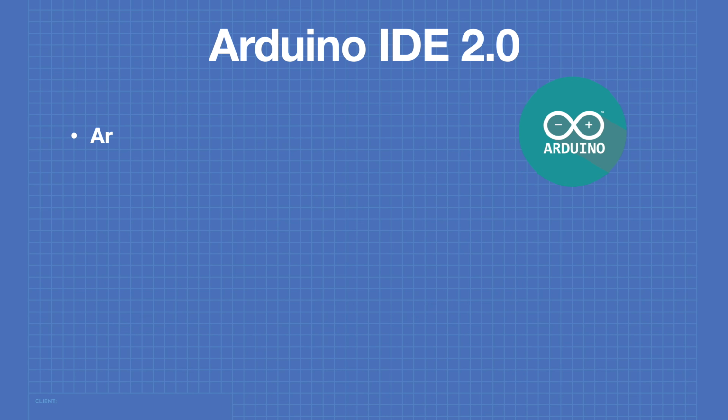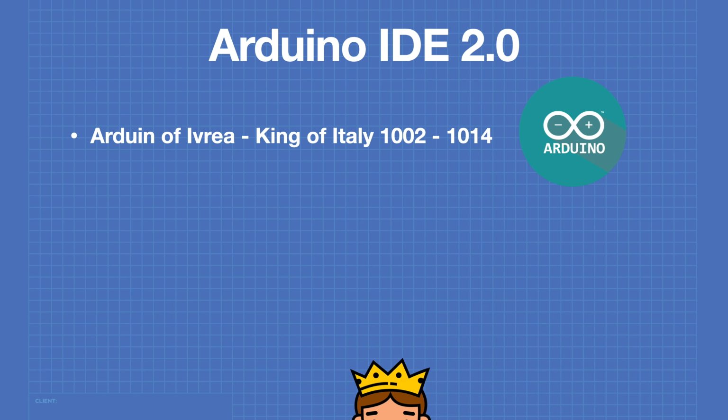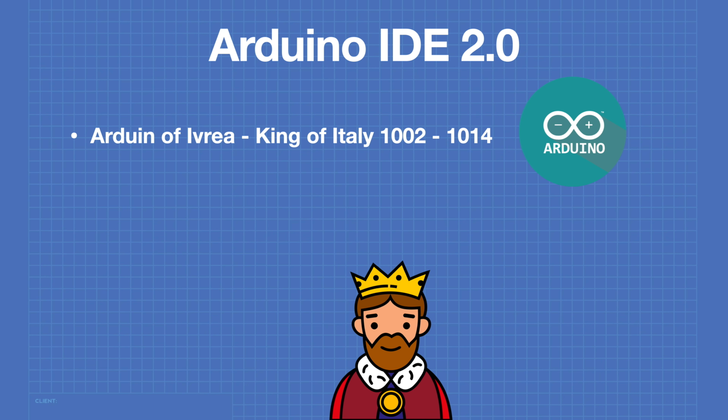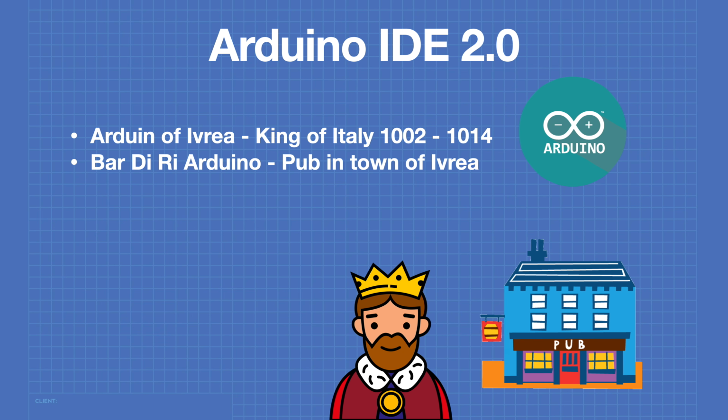There aren't that many microcontrollers that can claim that their history dates back as far as the Arduino, as it is related to Arduino of Ivrea, who was the king of Italy at the beginning of the 11th century. About a millennium later, a group of 5 students from the Interaction Design Institute in Ivrea would frequent a pub called the Bar di Re Arduino.